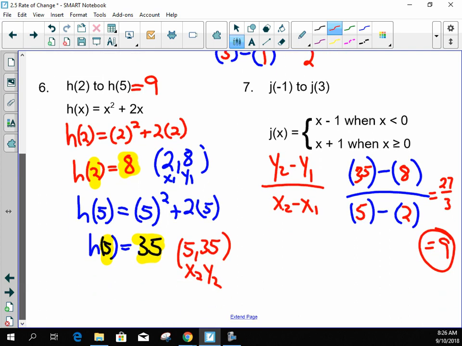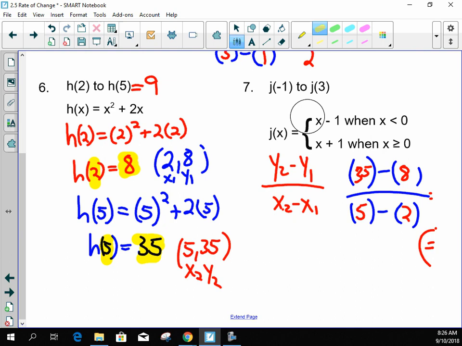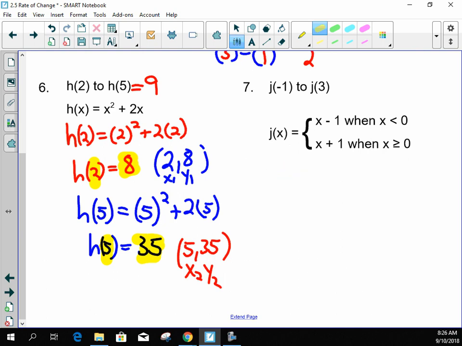Number 7, we've already done that type of number 7. So now I have -1, right? J of -1. Which one am I going to use? Put -1 right here.